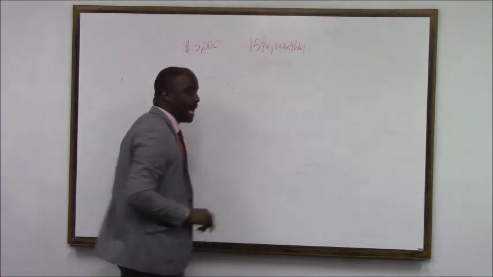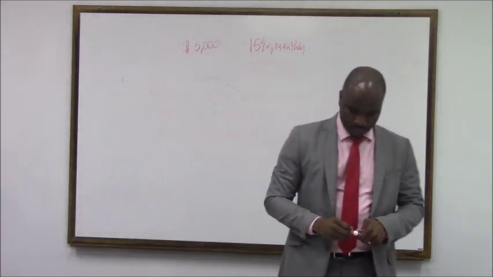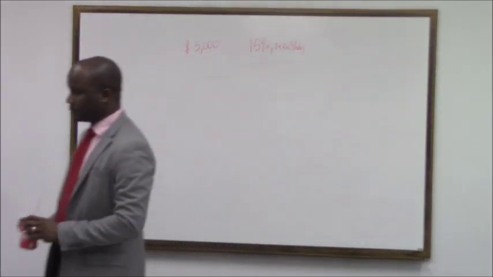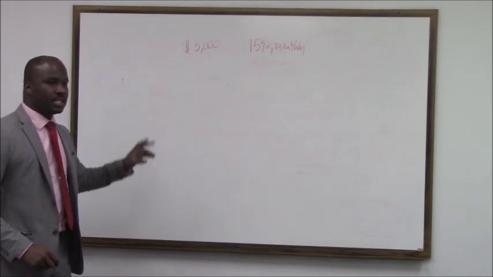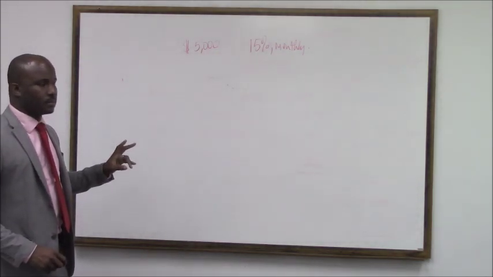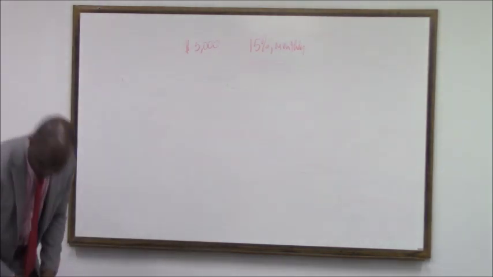How much would be my balance at the end of the year? Sorry, yes, $5,000, 15% monthly. I'm going to give you 3 minutes to work it out. Then we're going to have a brainstorm and walk us through.